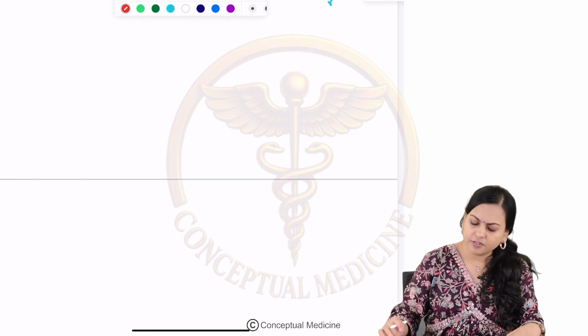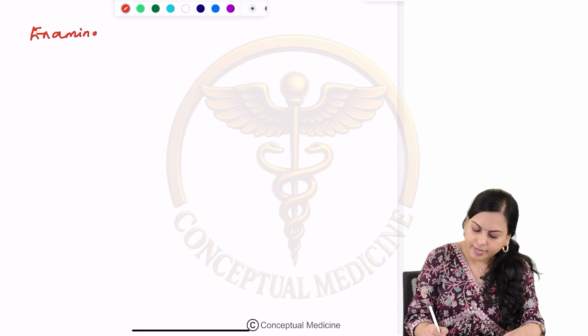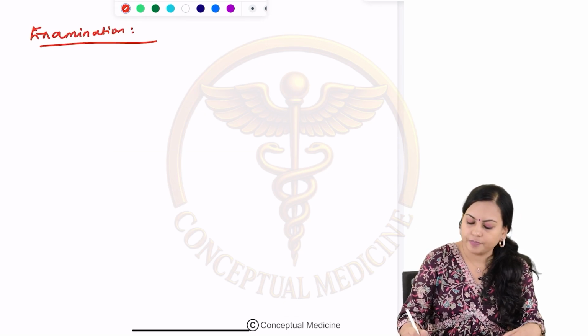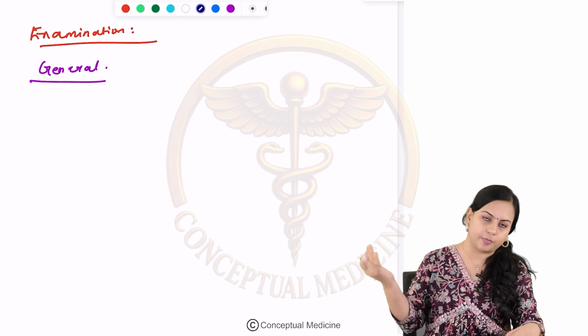Now, we will see the examination findings. On examination of a woman presenting with such features, on general examination itself you will be able to find the signs of hypovolemia and shock.